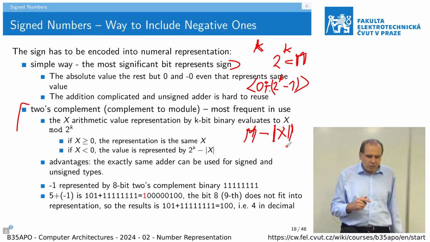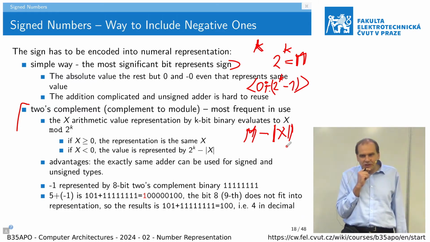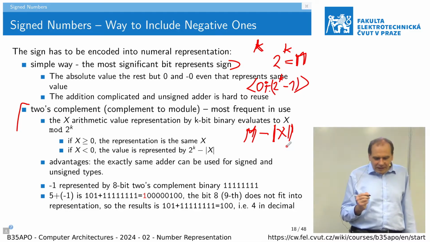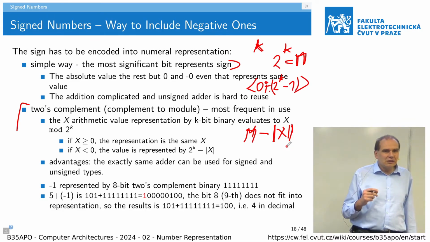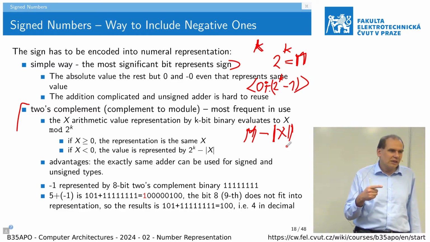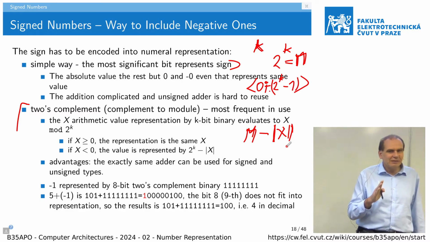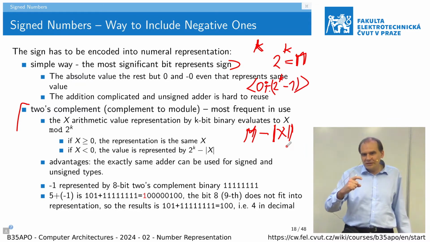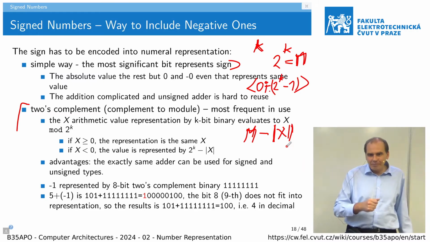Maybe it is worth thinking about this representation like a representation in the decimal system. For example, you probably know gasoline stations, those mechanical counters of digits. Have you seen it? Maybe it will be a problem in the future with the students. But you have those rings with numbers.